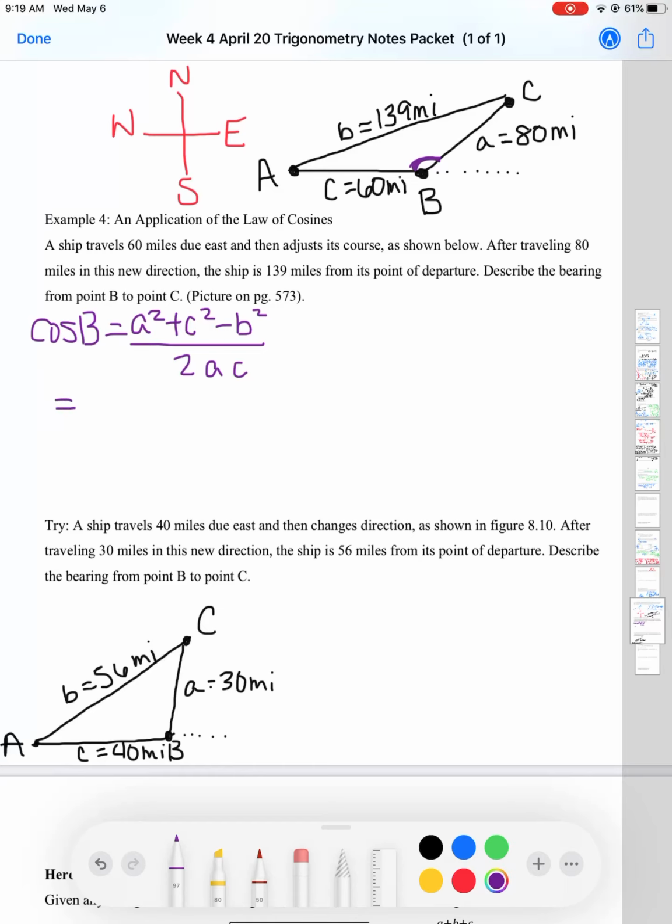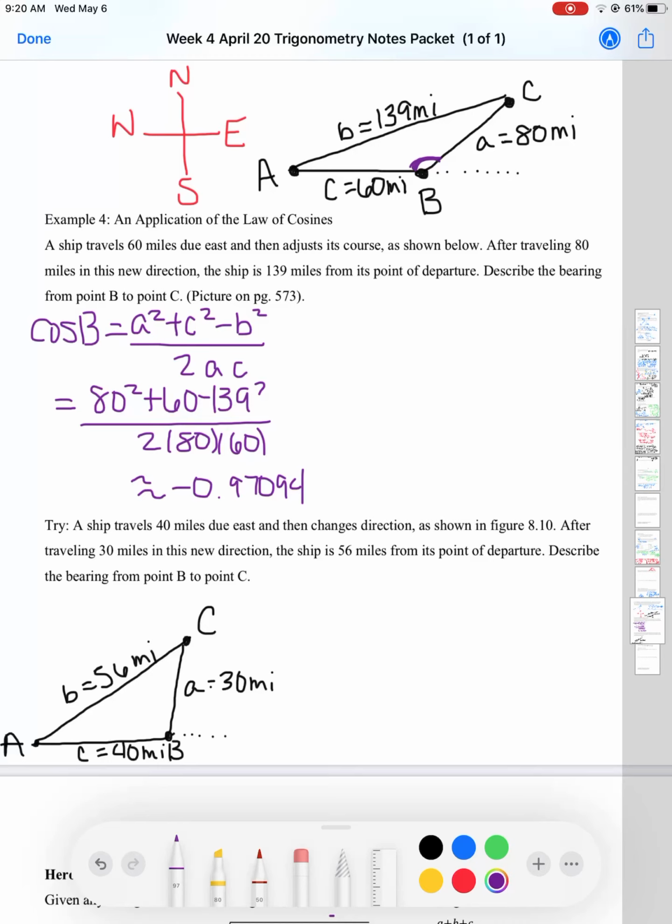That's equal to 80 squared plus 60 squared minus 139 squared over 2 times 80 times 60. And that gives us about negative 0.97094.